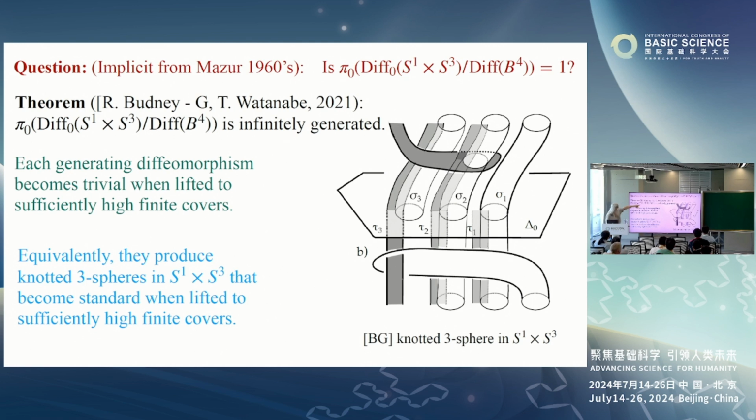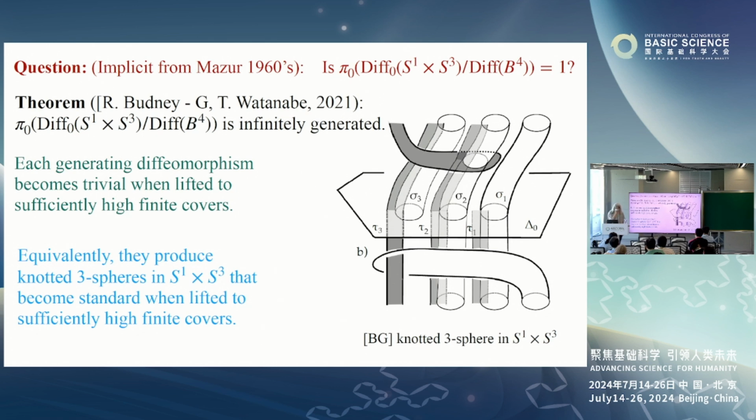So there's a modding out by Diff of the ball, because a diffeomorphism of S1 cross S3 that is modified off in some corner is really interesting, but has no implications for the Schoenflies problem. So you must mod out by those.